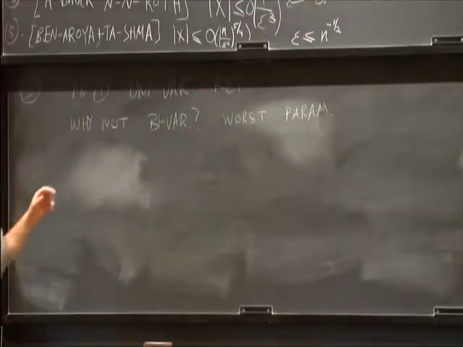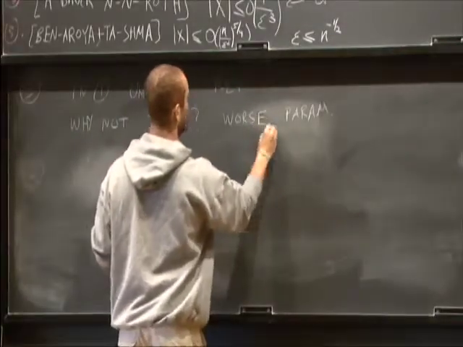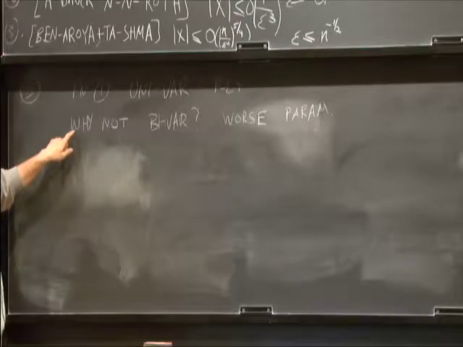Yes, worse parameters, even worse than this. I think that Goppa was the first one to think about it: bivariate polynomials don't really give worse parameters, but we need to do something.